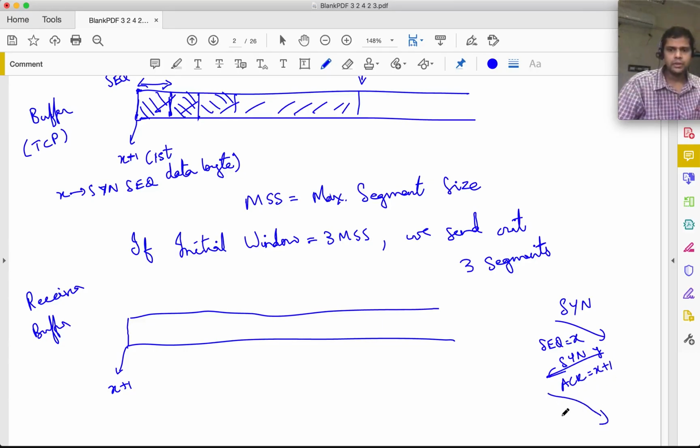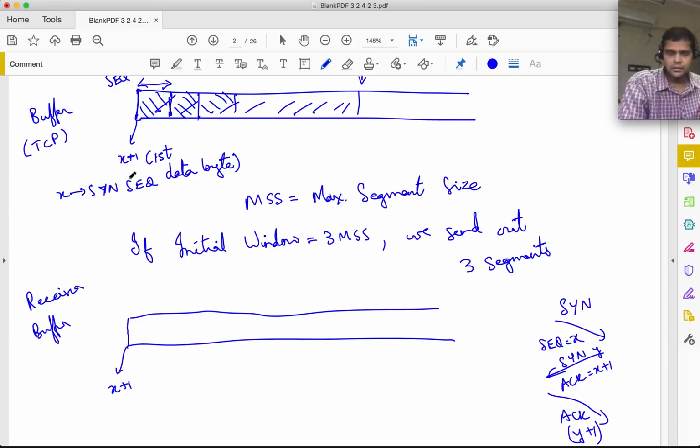And then of course you had an ACK this way too, Y plus 1. So what was this saying? This is saying that I got sequence number X, which corresponded to the SYN packet, and I'm expecting X plus 1. So he is saying the next byte that I'm expecting is X plus 1, this first data byte.